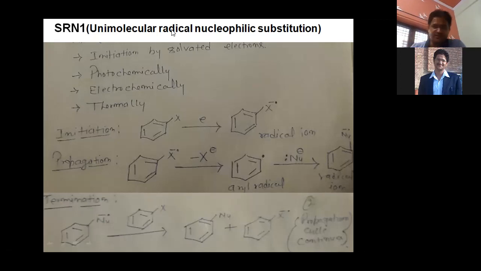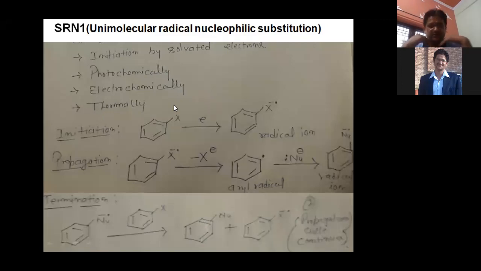Now how does the reaction proceed? First of all, in the initiation step, the reaction starts from a solvent electron. The solvent gives one electron, and that electron initiates our reaction. You already know that when an electron initiates a reaction, a free radical forms. Sometimes it is a photochemical reaction, sometimes electrochemical, sometimes thermal.